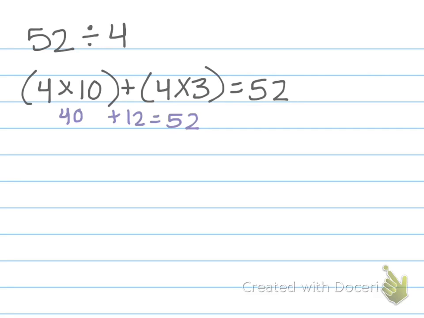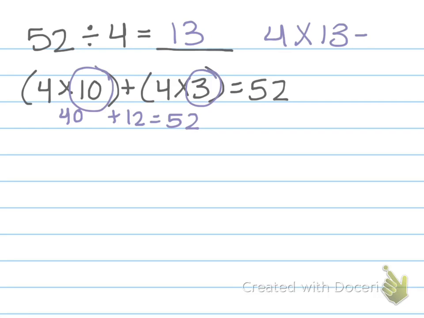Now to be able to find the actual quotient, again, add the factors, 10 plus 3, which equals 13. So that must mean that 52 divided by 4 is 13, and I can say that 4 times 13 equals 52.